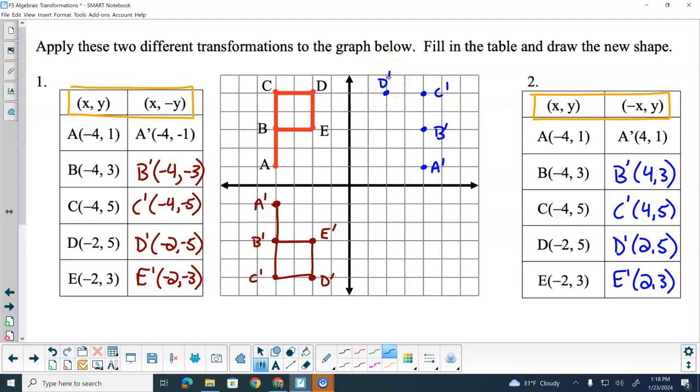E prime, 2 to the right, 3. And then we got to connect them again in that order. A to B, B to C, C to D, D to E, E to B. So we turned our capital P into an I.